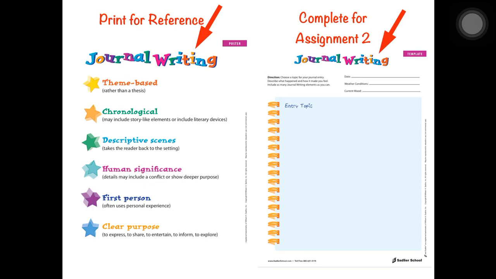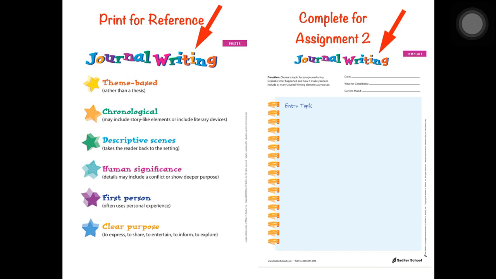I don't want you to worry too much about paragraphs. And as far as spelling goes, make sure that it is able to be read. So do the best you can with spelling, and do the best you can with punctuation. But I really just want to make sure that you're getting all of these 6 elements built into your journal writing.